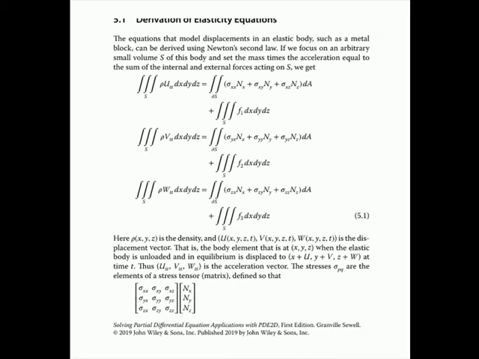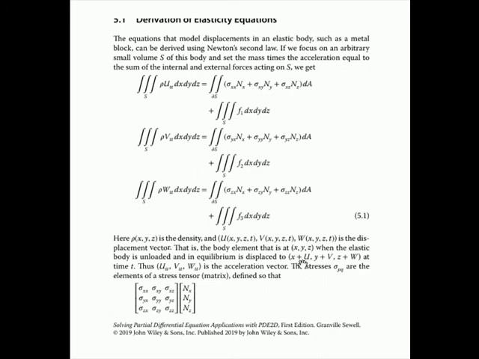And the key is that if we look at a small piece of this elastic body, say a big metal block, we're just looking at an arbitrary small chunk of it, S, and then we use Newton's second law to say that the density times the acceleration vector. Okay, so u, v, w is the displacement vector.